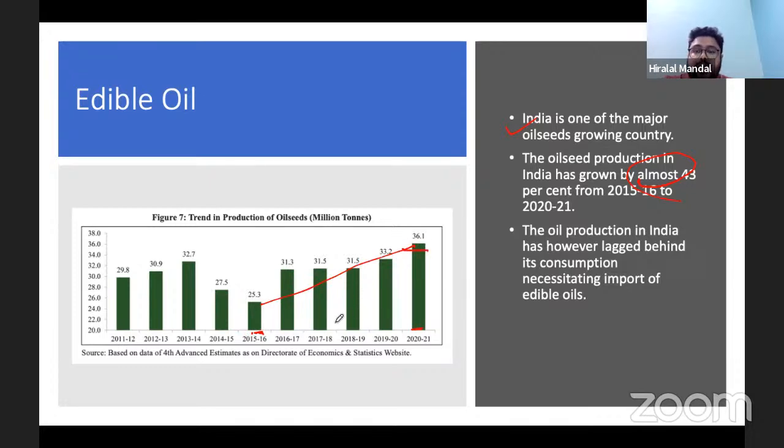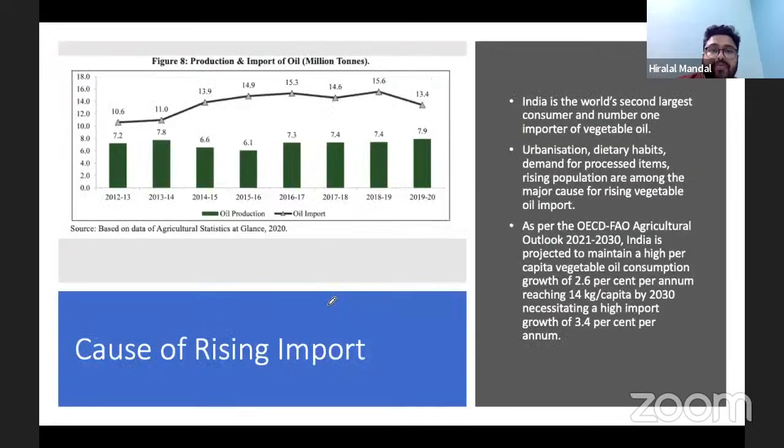Yet India is importing huge amount of edible oil from other countries. If you look at the import figure, you can see the import figure is continuously rising. Okay, so look at the oil import.